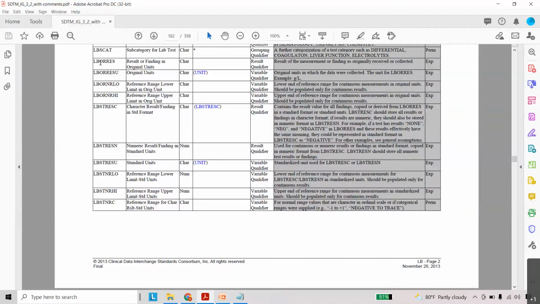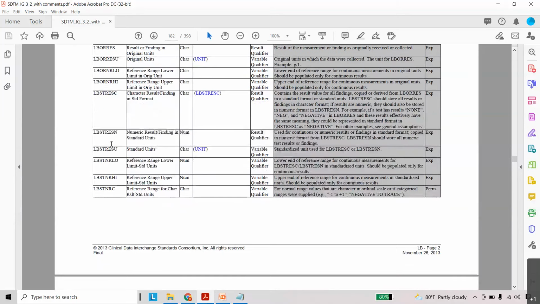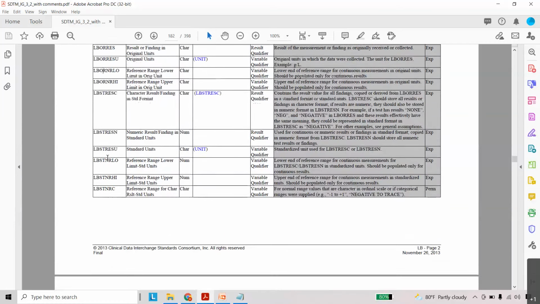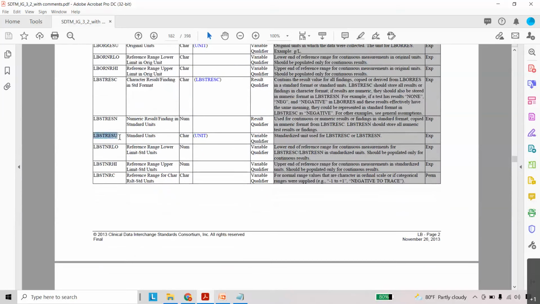Conversion from original results to standard results is very important, and if there is any typographical error, the values may not be converted. Coming to the laboratory standard results units, since we have the standard results numeric, we have the laboratory standard results unit. It is not necessarily similar between the original results units and standard results units.